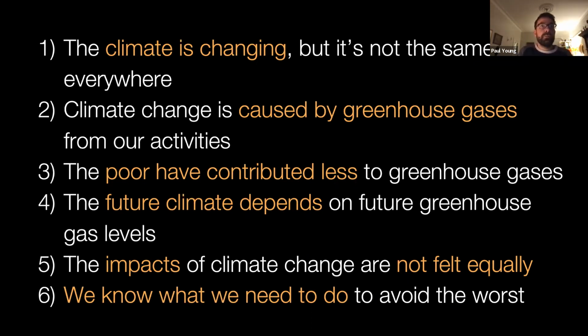I also showed you some recent extreme events, and you can imagine how they would impact different people differently, depending on how resilient they are and what infrastructure they have. Maybe that's something we can talk about as well. To avoid the worst of climate change, and sorry, this last bit has run off the edge of the slide, we need to get to net zero emissions.